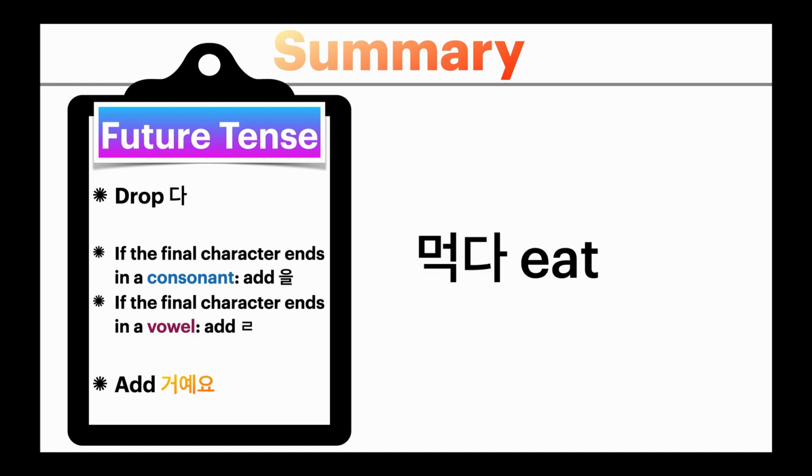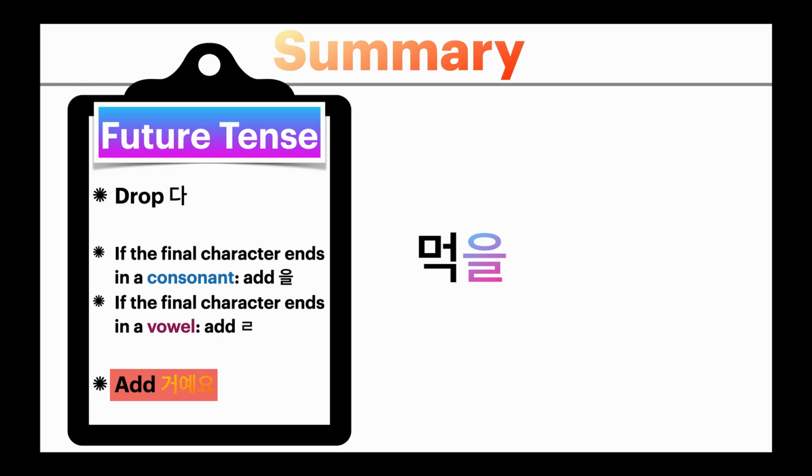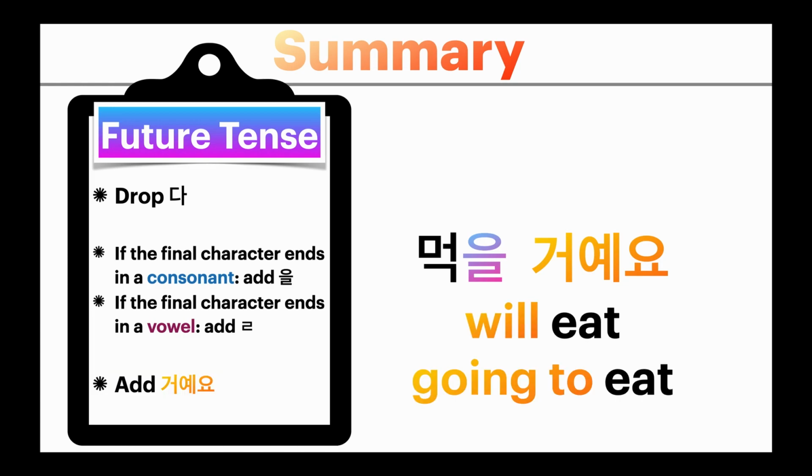Let's put 먹다, to eat, in the future tense. First, drop 다. Then we'll look at the final character here, which is a consonant, which means we will add 을, 먹을. And finally, add 거예요. 먹을 거예요, which means we'll eat or going to eat.